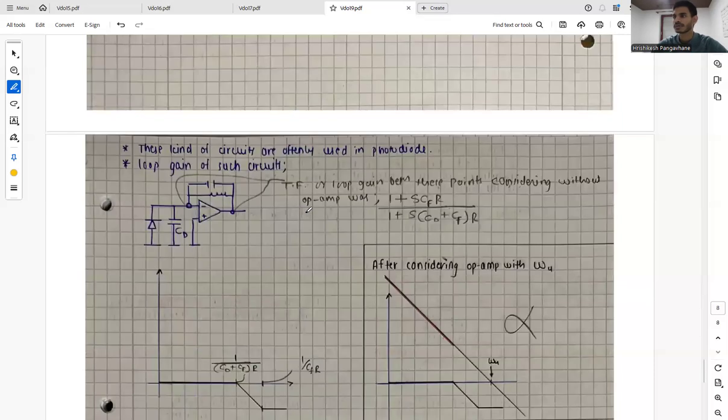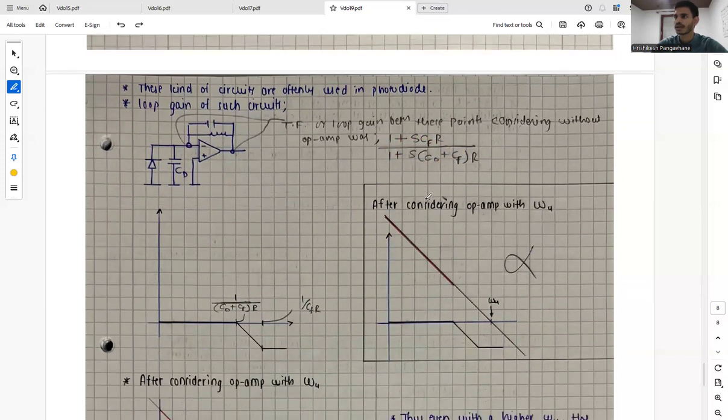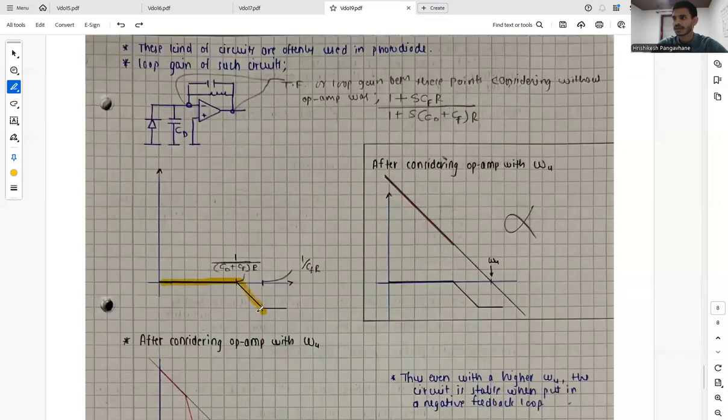So now what will happen? Using this circuit, we have a transfer function of this, and when we break the circuit from here, we get the transfer function of our loop gain, and it will look something like this.